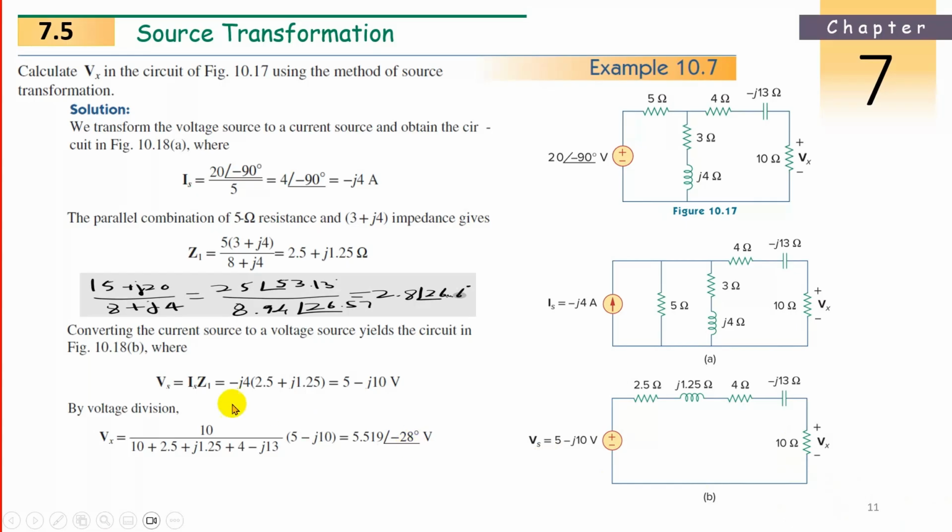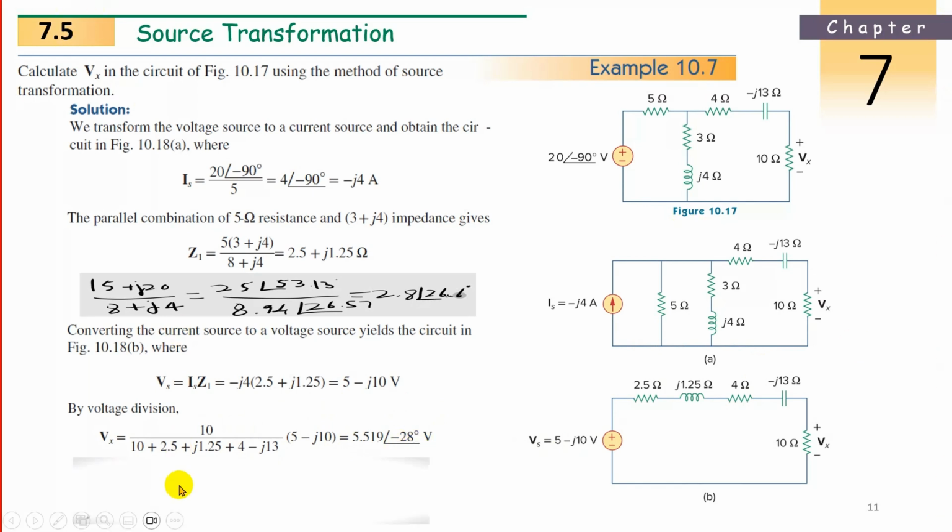The 10 ohms is the resistance where we want Vx, divided by the total impedance, that is 10 plus 2.5 plus 4 plus J1.25 minus J13. All are included here. Now multiply by the total voltage, 5 minus J10. So multiply and divide, you will get 5.519 at an angle of minus 28 degrees.